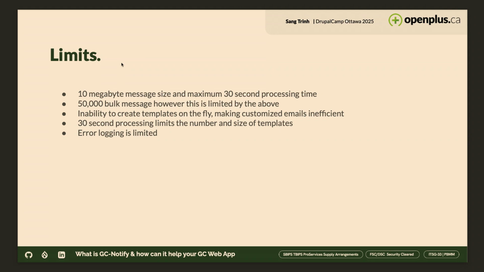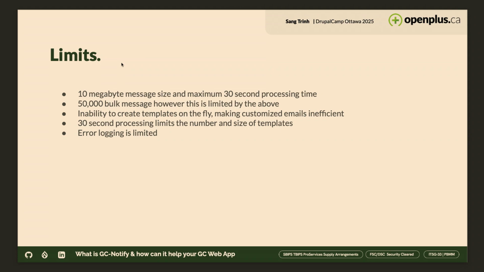The issue is that API call is always going to be hitting the edge of that 10 megabyte size, and will definitely go over it if we try to insert 50,000 messages into an API call.